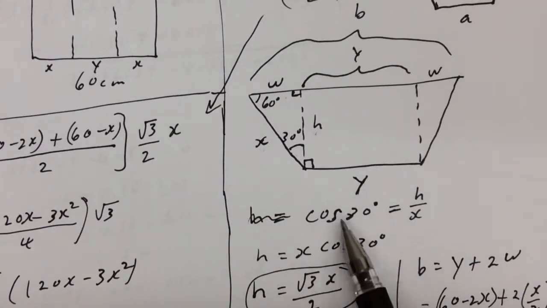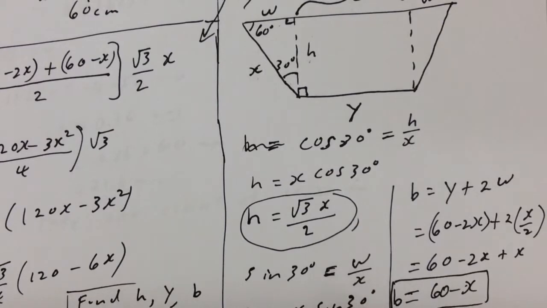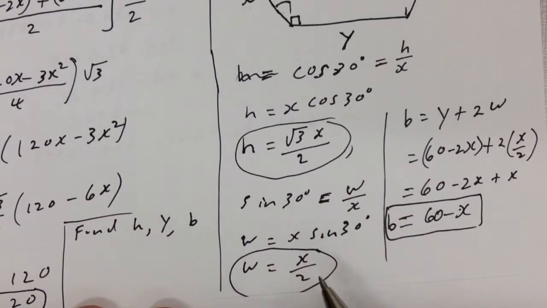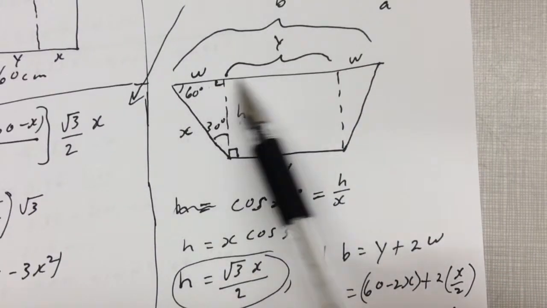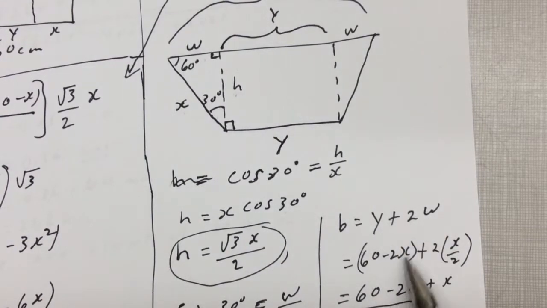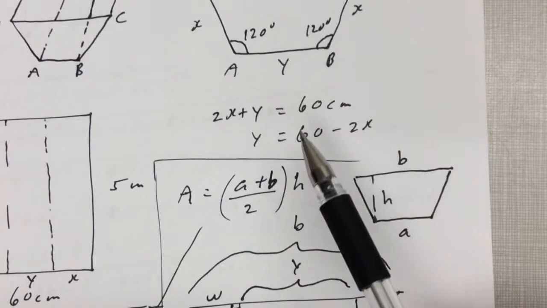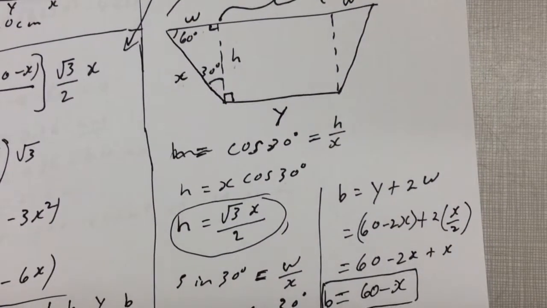So cos 30 equals h over x, so h equals root 3 over 2 x, using our special triangles. And doing the same thing here, we get w equals x over 2. And b, which is the top side of this trapezoid, the whole thing, is y plus 2w. 60 minus 2x is y, which we figured out up here, and then plus 2w, and we get b is 60 minus x.